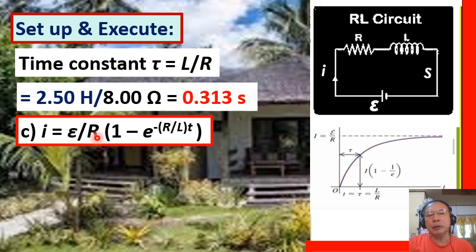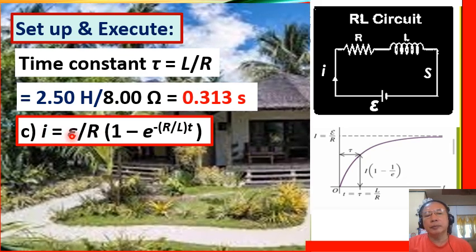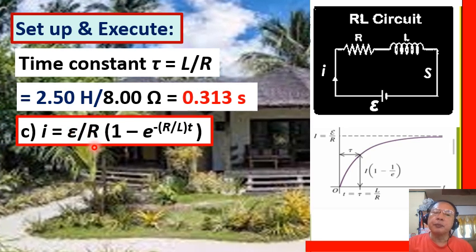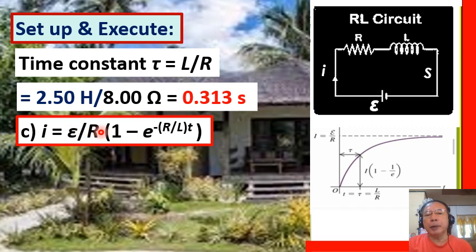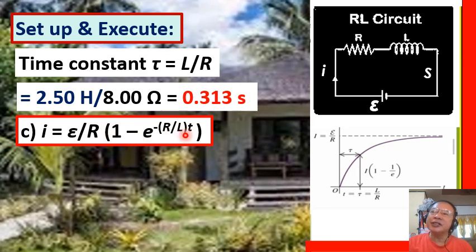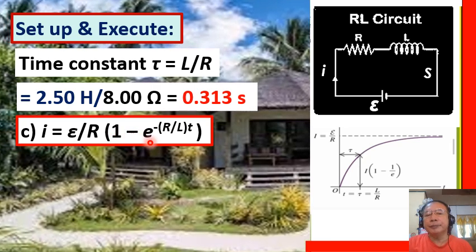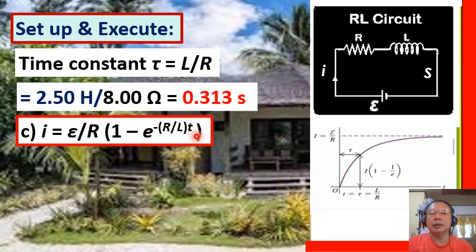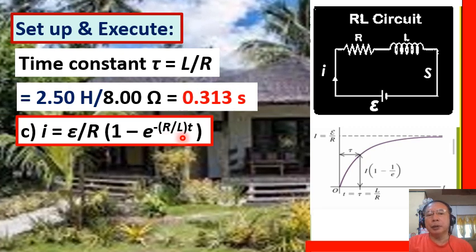And the equation that we will use is small letter i equals the EMF, or epsilon, divided by the resistance, big R, and that will be multiplied by the quantity 1 minus Euler's number raised to the power negative R over L times t.